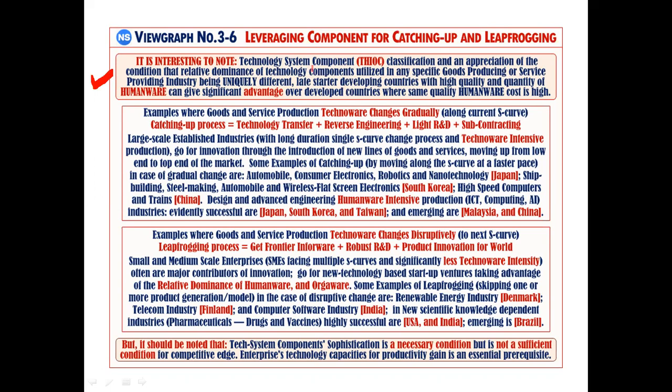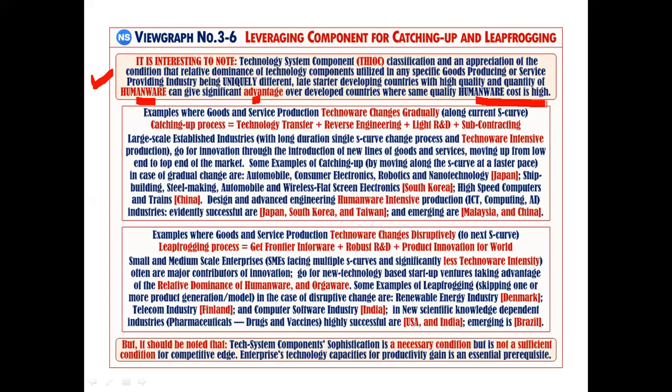The technology system components classification and an appreciation of the condition that the relative dominance of technology components utilized in any specific goods producing or services providing industry is uniquely different. Late starter developing countries with high quality and quantity of humanware can have a significant advantage over developed countries where the same quality humanware costs very high.